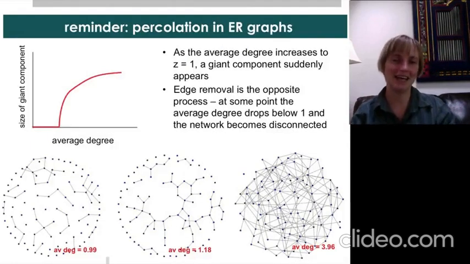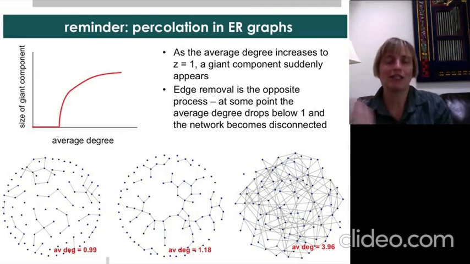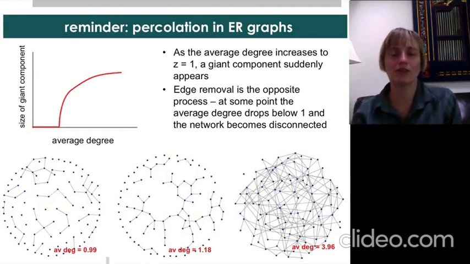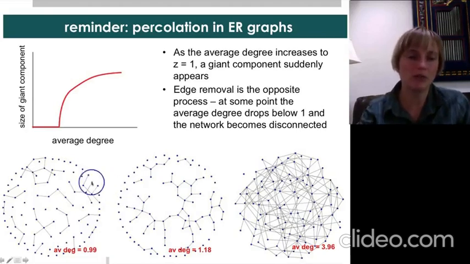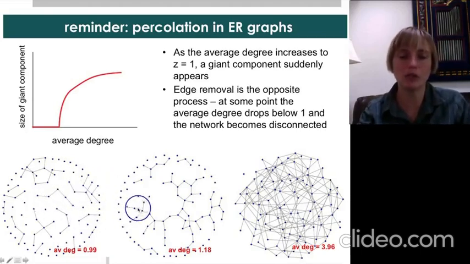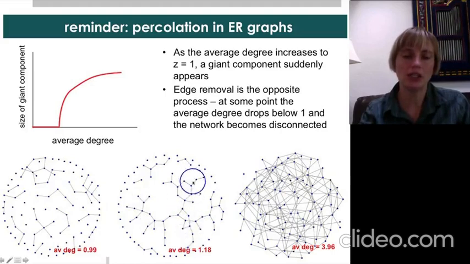And in a way, these attacks are the reverse of the process that we already looked at, which was adding edges, right? We started out with a fixed number of nodes, and then we added the edges one by one, and we just saw at one point, we got these small components, and then at some point we got this largish, stringy, giant component, and then the network densified from there on.